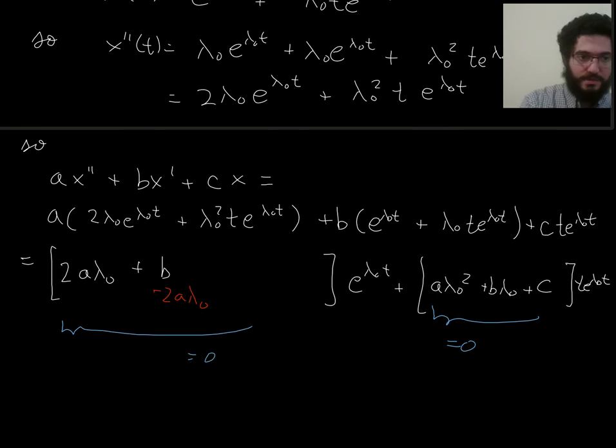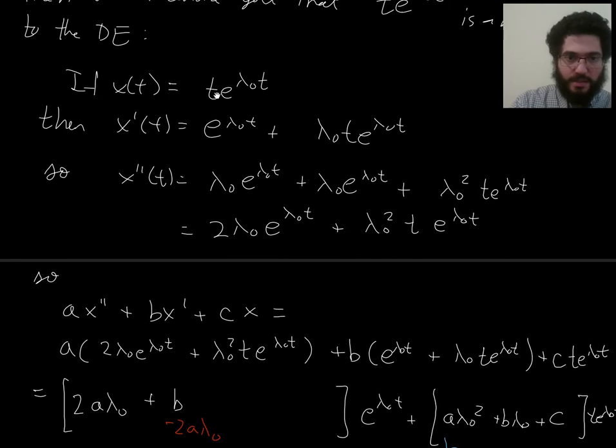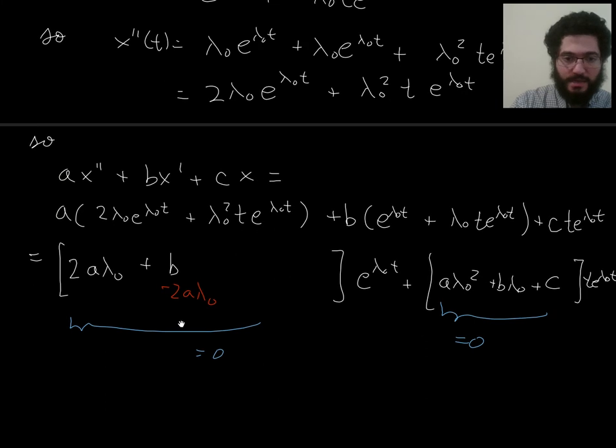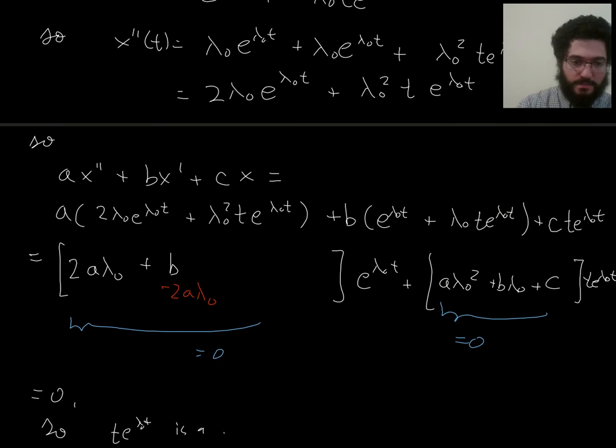So our calculation, when we plug in x equals t e to the lambda naught t in for x in this expression here, ax prime prime plus bx prime plus cx, we get 0 plus 0. So we got 0. So then t e to the lambda naught t is a solution.